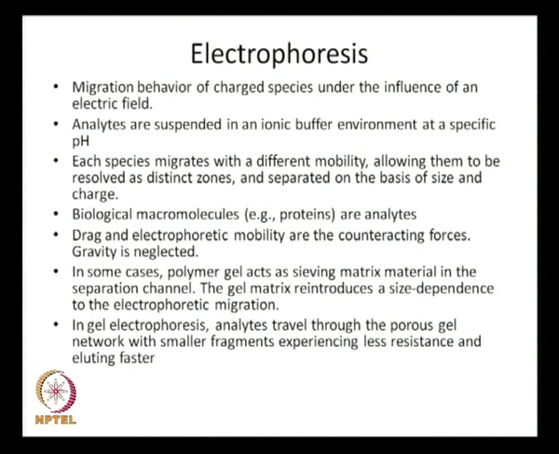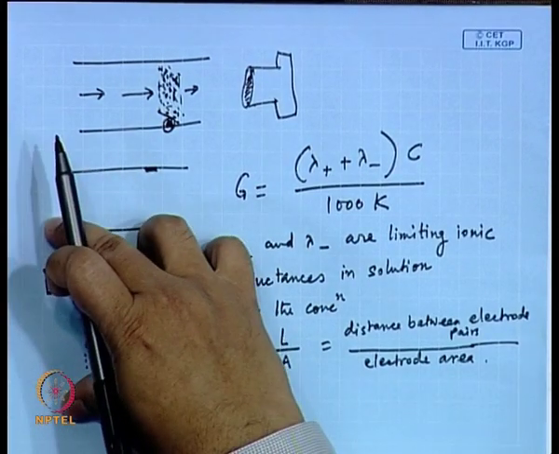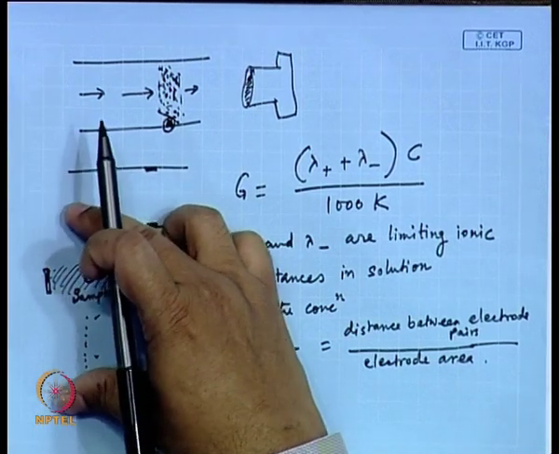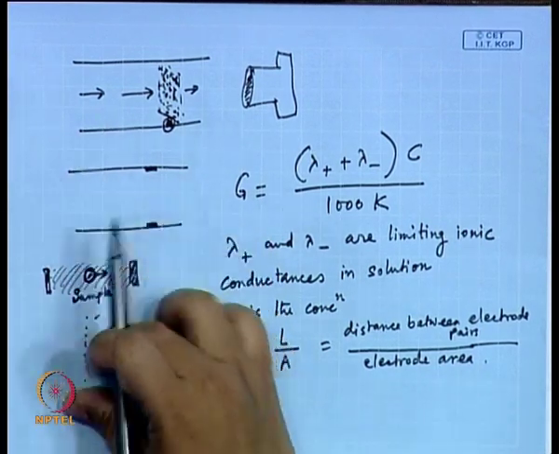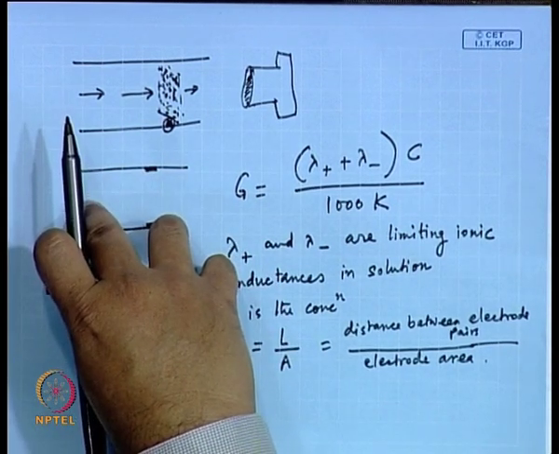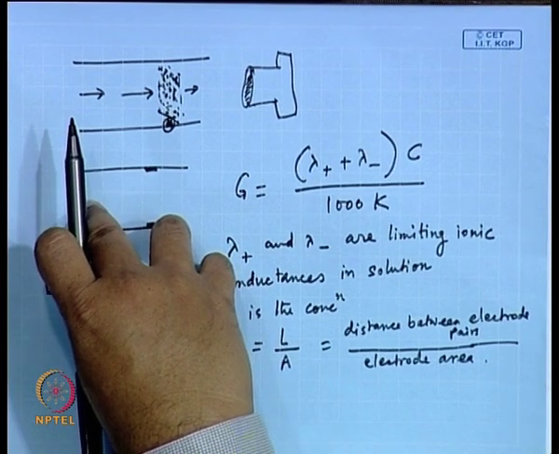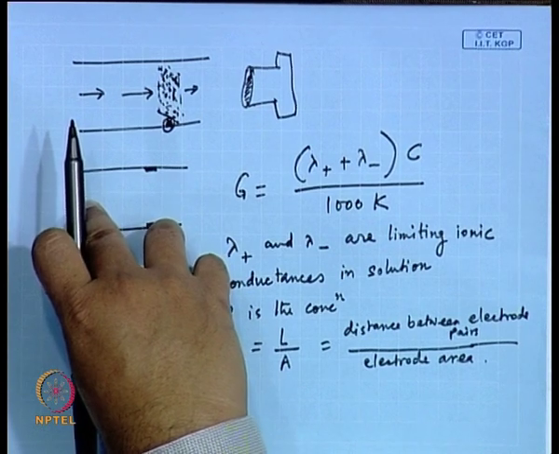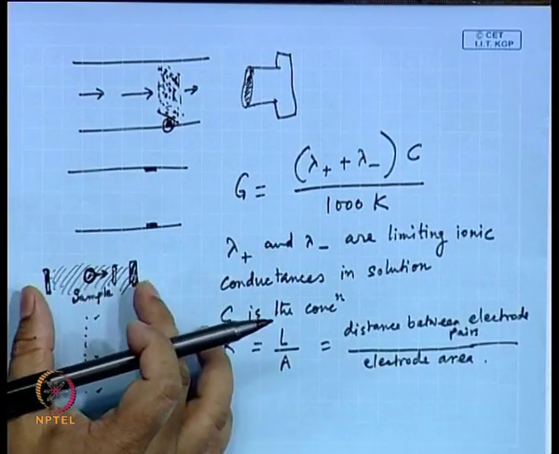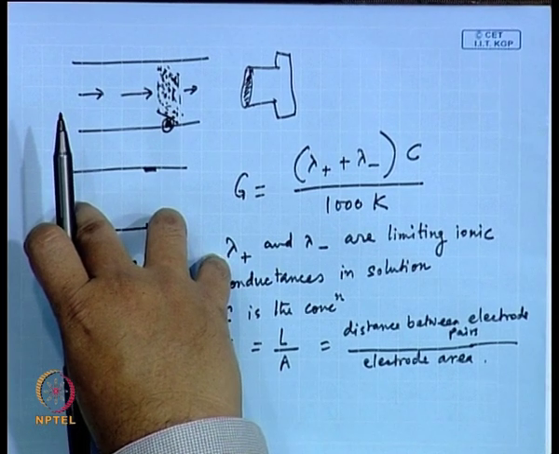Now, I want you to think of the picture that I have here. Now, if you invert it this way, you have the electrodes here and the sample is placed in between. So, if you move it by 90 degrees, and then you have a laminar flow through this, in this direction. Let us not confuse ourselves with the presence of gel. You have the two electrodes and then you rotate this by 90 degrees.